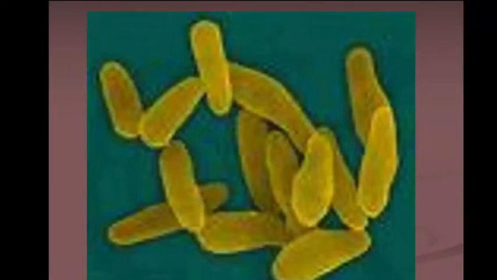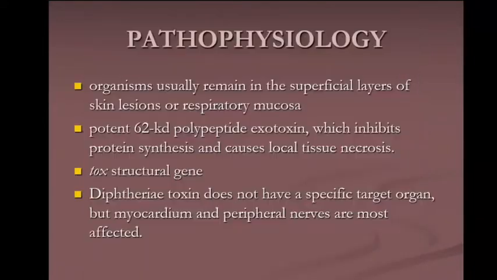It has the Chinese letter pattern. So the organisms in the staining show Chinese letter arrangement and gram-positive bacilli. Pathophysiology: the diphtheria toxin, the exotoxin, is responsible for the symptoms, as well as the necrotic area and pseudomembrane present in the mucosa of the affected surface.